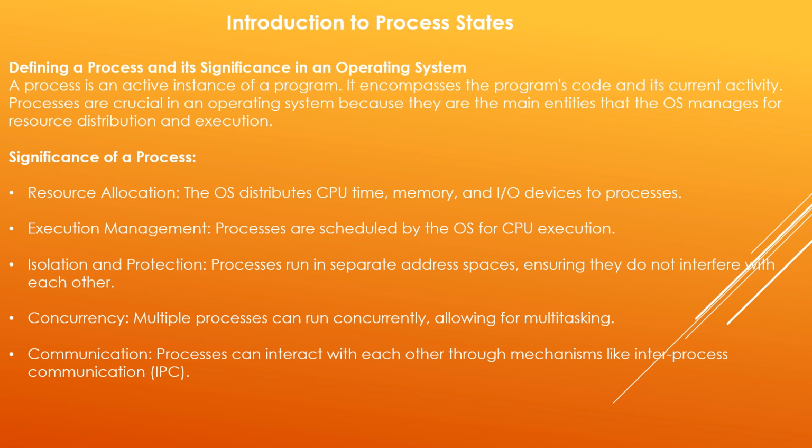Concurrency: multiple processes can run concurrently, allowing multitasking. Communication: processes can interact with each other through mechanisms like inter-process communication.